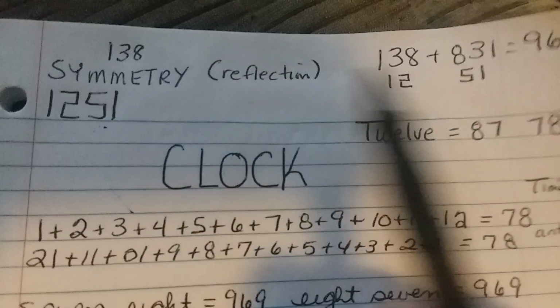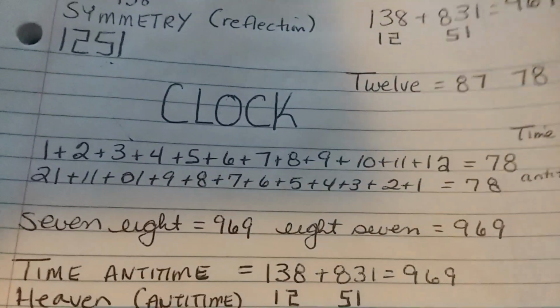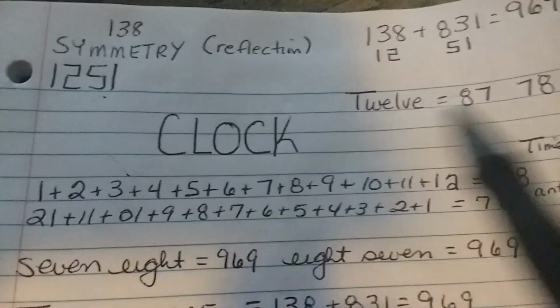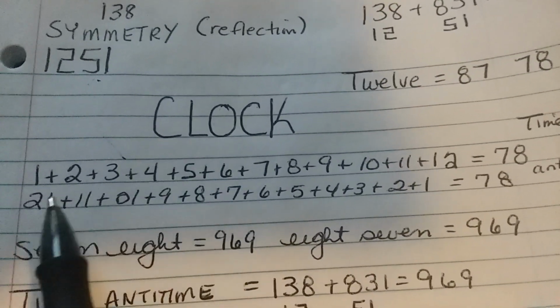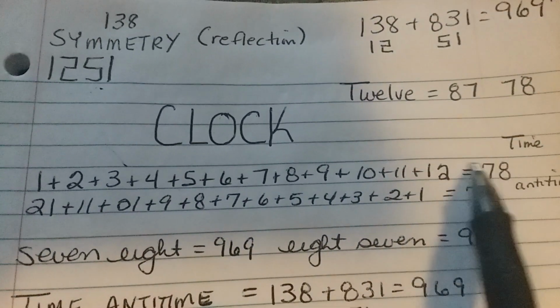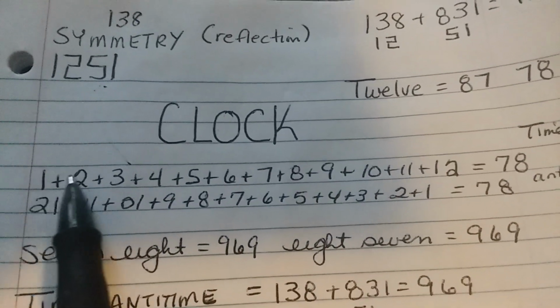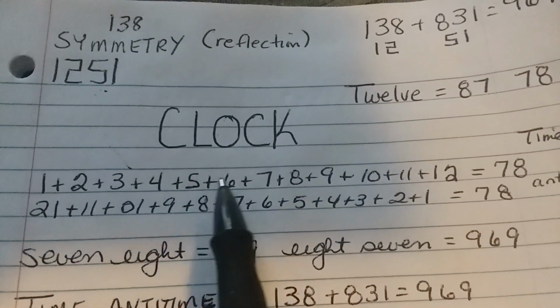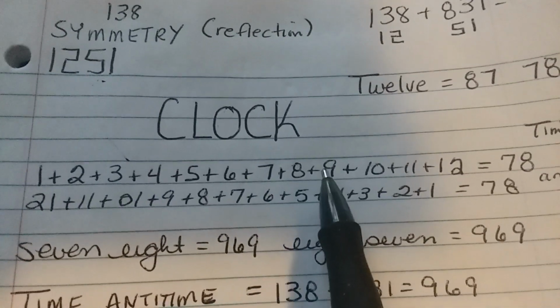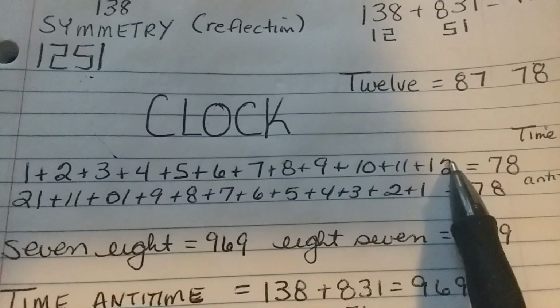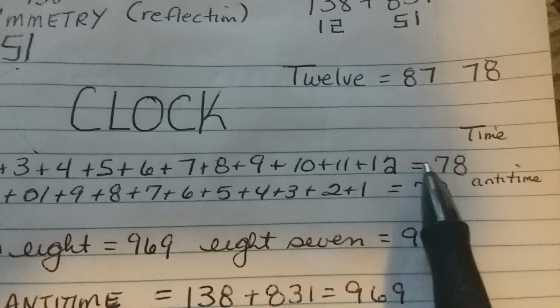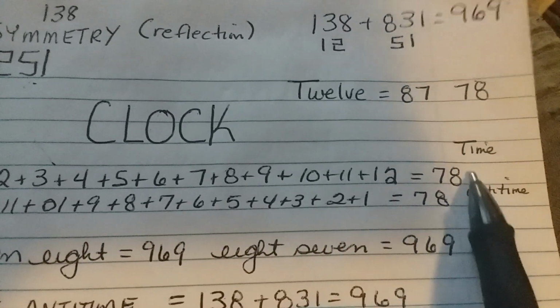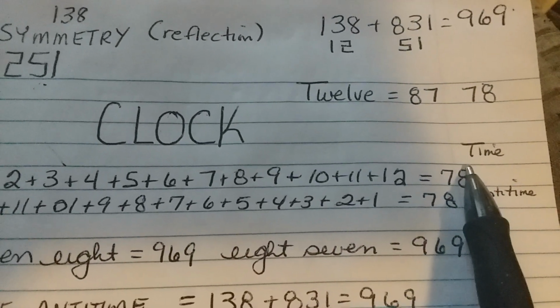Okay, so let's think about it in terms of a clock. Think about time. If you have a clock, you have 12 numbers. It goes up to 12. If you add all the numbers on the clock together, 1 plus 2 plus 3 plus 4 plus 5 plus 6 plus 7 plus 8 plus 9 plus 10 plus 11 plus 12, it's going to equal 78. And if you look at the numbers, you see 7, 8.